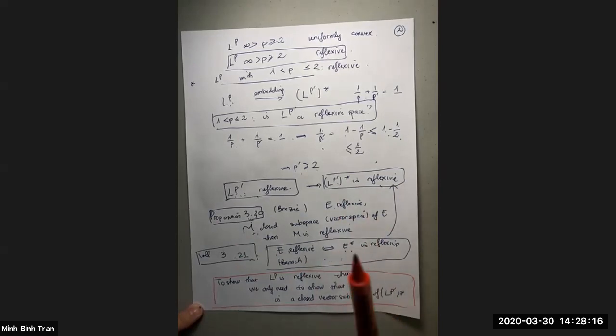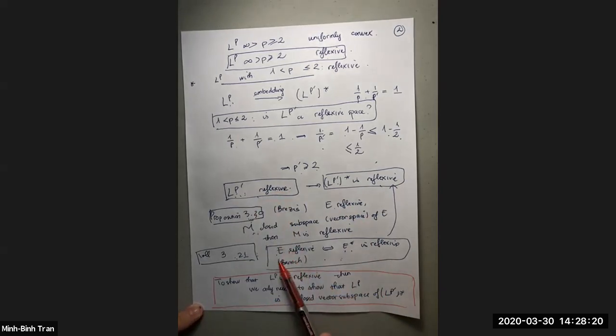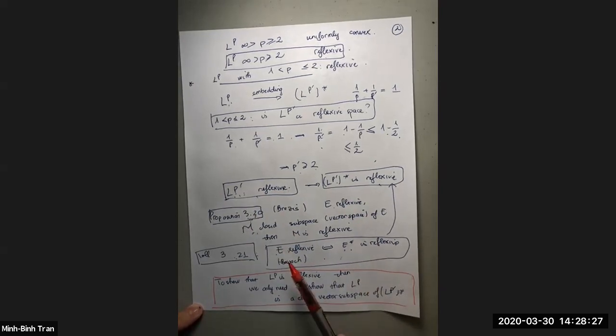If E is a reflexive space, then the dual is also reflexive. And then if the dual is reflexive, then E is also reflexive. All right. Now, to proceed further, you're going to need 3.20. 3.20 said that if this space is reflexive, and you consider a closed subspace of E, then this closed subspace is also reflexive, right?